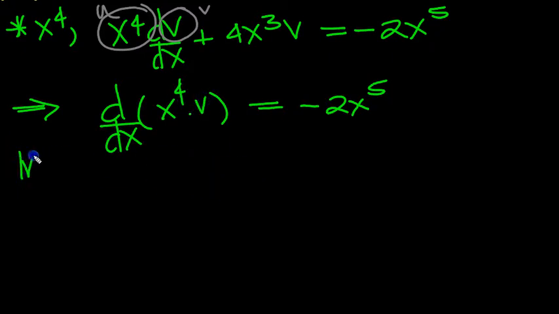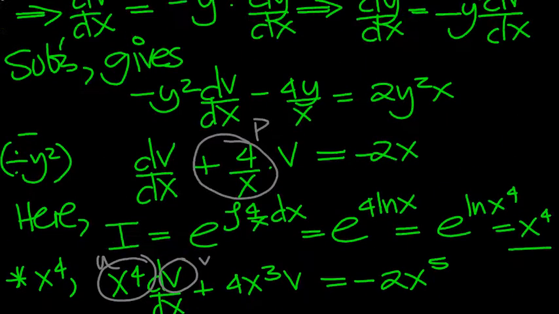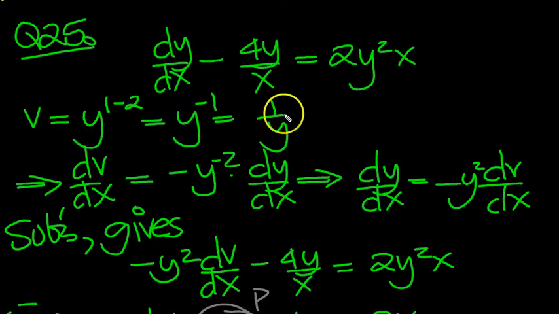So integrating then, and see what we get. So what do we get? The integral of the derivative is x to the 4 times v. v we can write as 1 over y, wasn't it? Let's just check that. I've not made a mistake there by checking the substitution. Yeah, v was 1 over y, so I can put v in there.